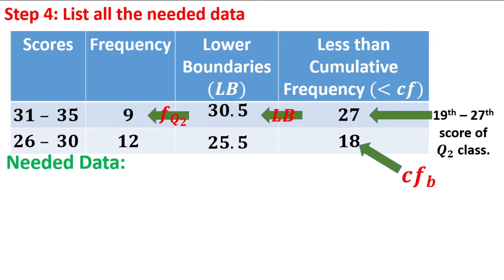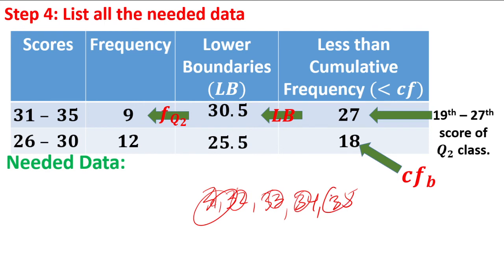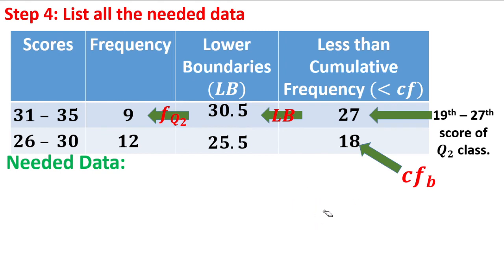Say, minsan 3, minsan 5, minsan 7. Pero commonly, ang laging ginagamit na interval ay 5. Okay? So, 31, 32, 33, 34, 35. So, 1, 2, 3, 4, 5. So, ang interval mo ay 5. Okay? Yan ang common na interval na ginagamit sa group data.